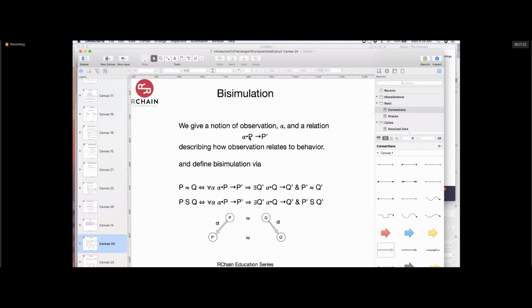Then K dot P is literally just putting P inside the K. That gives us a notion of evolution of the system that's directly correlated to the rewrite rule of the calculus.